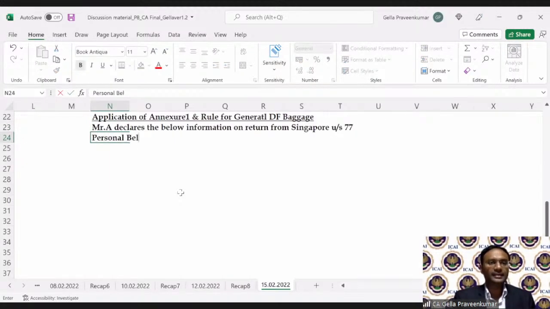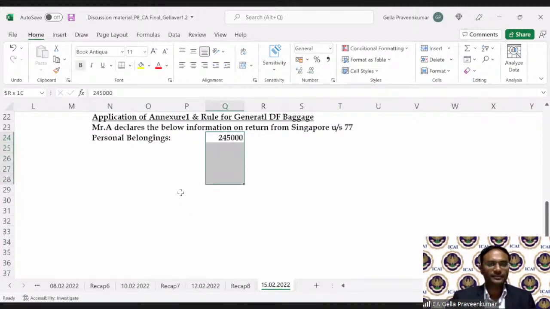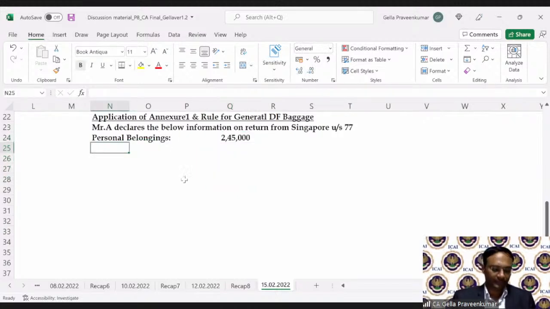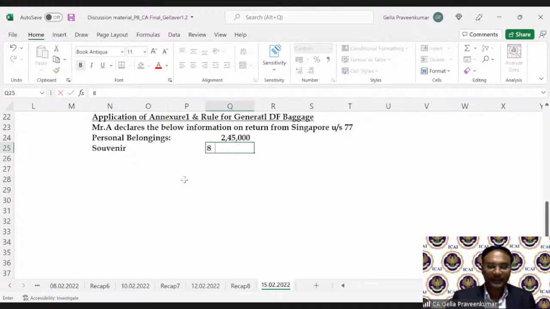Personal belongings 2,45,000. Souvenir 85,000.